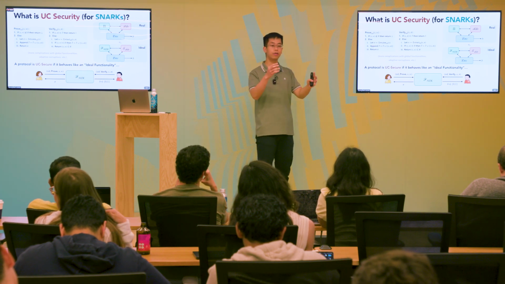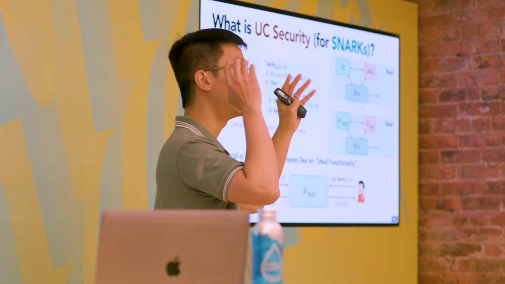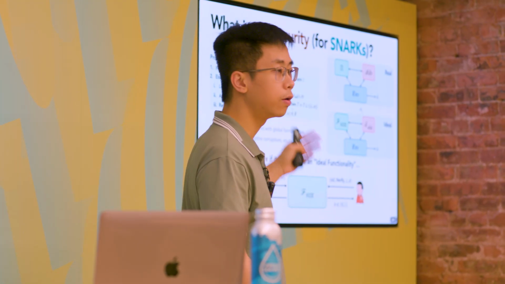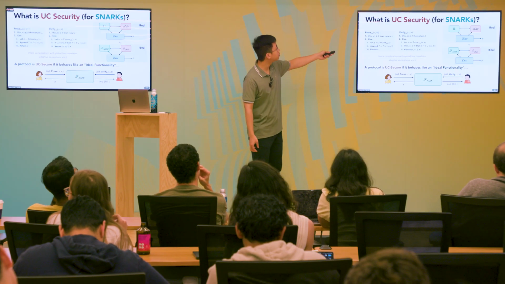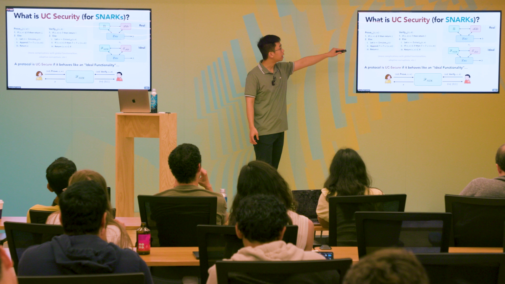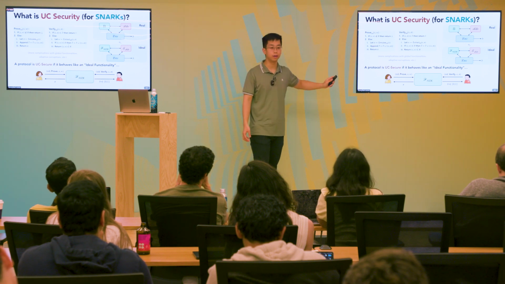So it interacts with everything, the protocol, the adversary, and it tries to figure out whether it's in the real world or ideal world. And if it cannot figure that out, then it means that this protocol is emulating the ideal functionality.